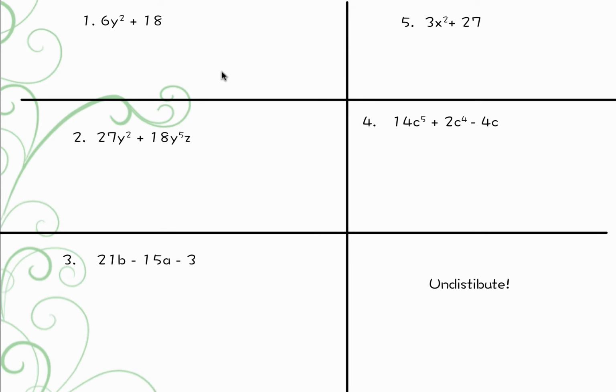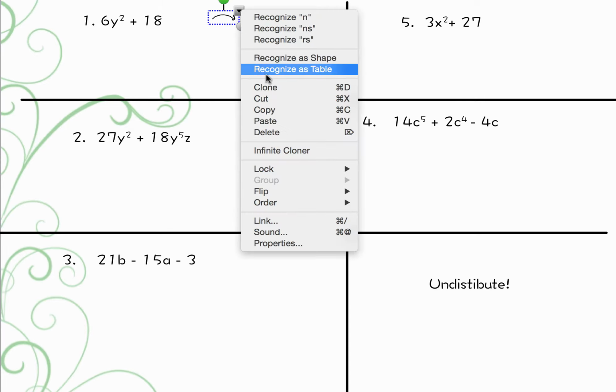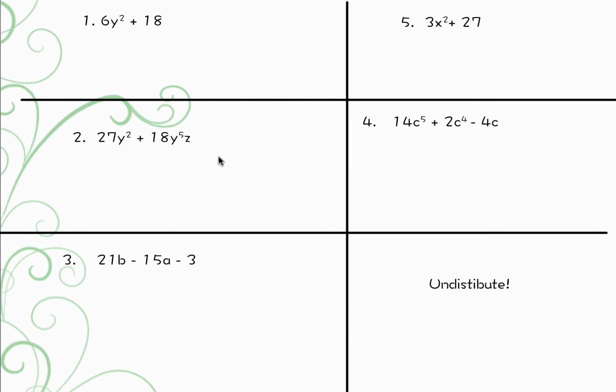All right, so here's our first set of examples. Let's see what we can undistribute. So distribute meant to pass into something. So what is common is what we're looking for. So let's keep that word handy.